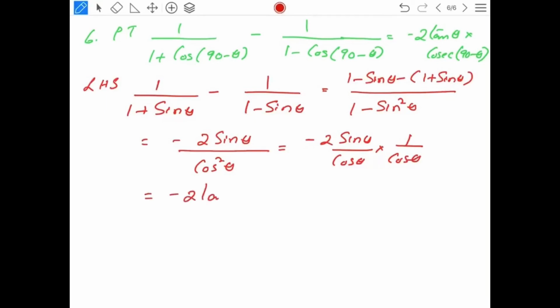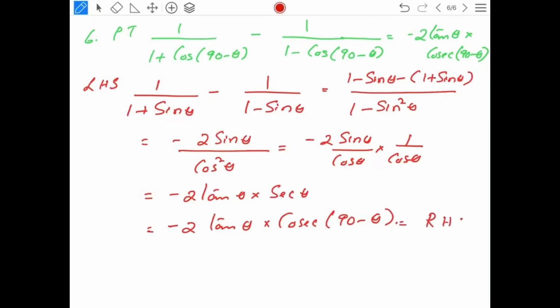So minus 2 tan theta into secant theta. So now your answer is cosecant 90 minus theta. So you can write this again as 2 tan theta into cosecant 90 minus theta. Equal to RHS.